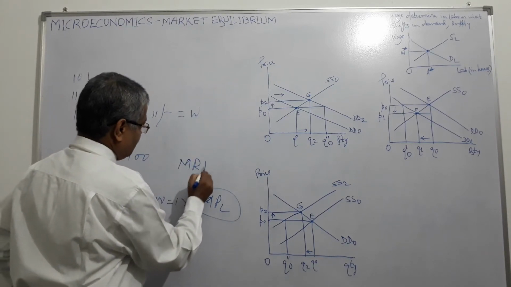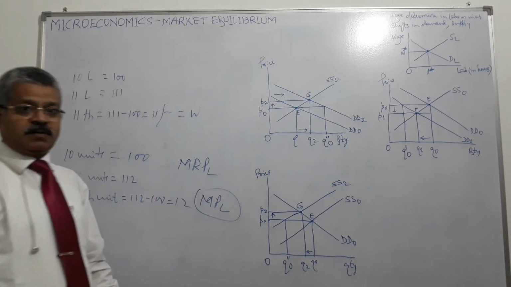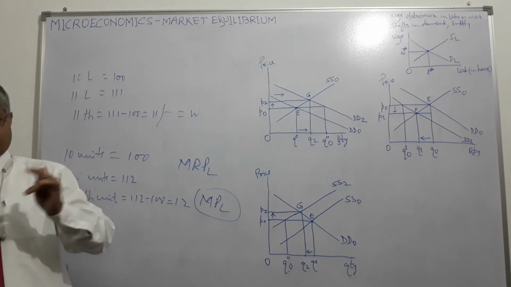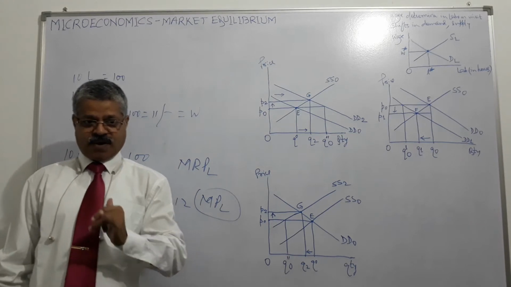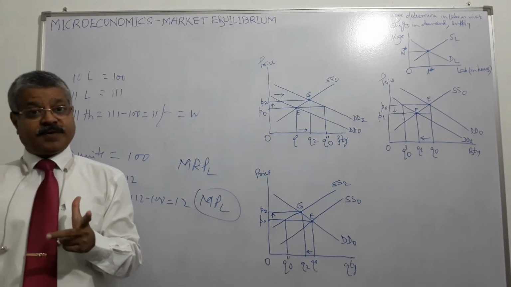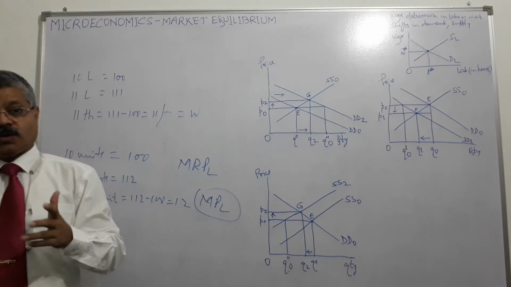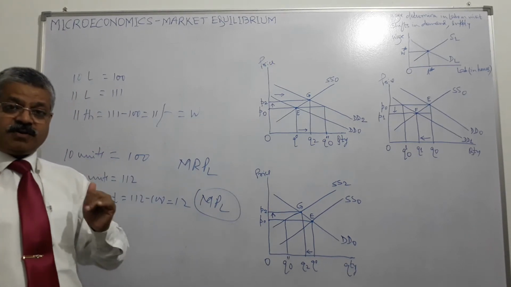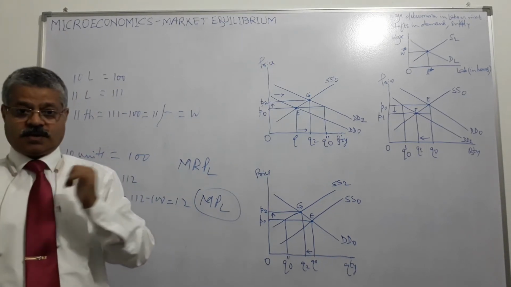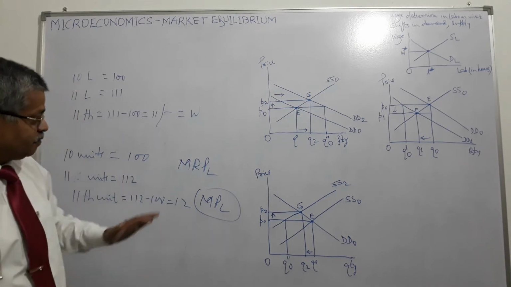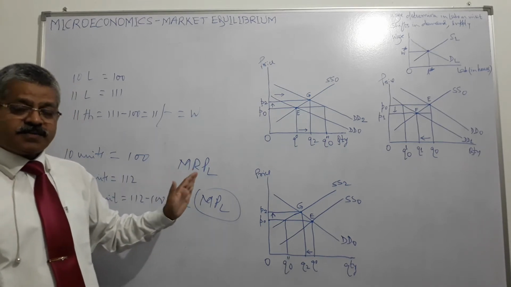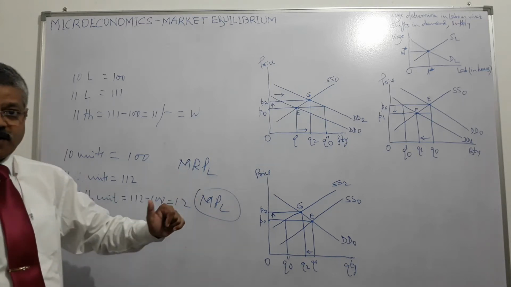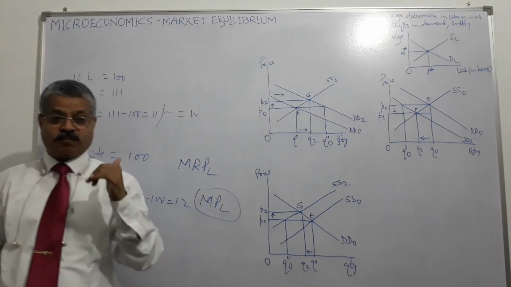So for each extra unit of labor, the firm gets an additional benefit which is equal to MR times MPL, which is called MRPL, marginal revenue product of labor.